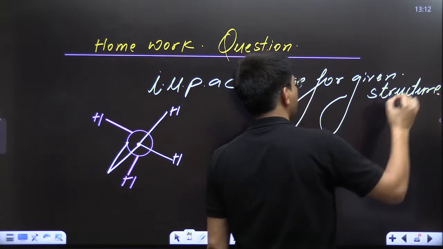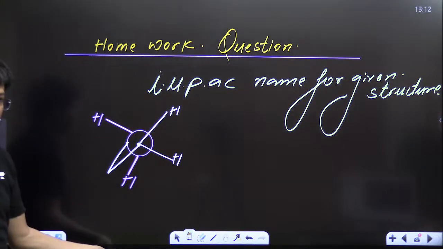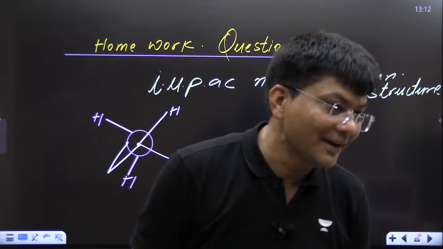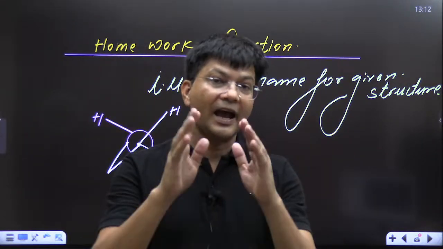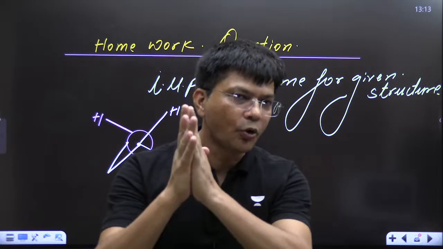I will see the comments and I will reply over there. Just try it out. It's not ethylene, no Soumyadeep. This is question for your homework, and everyone is supposed to give the correct answer in the comment section.